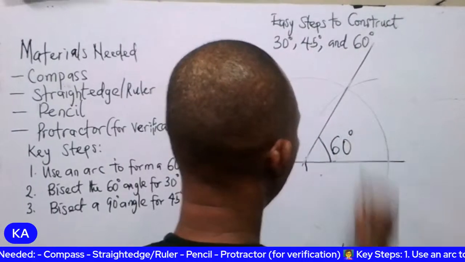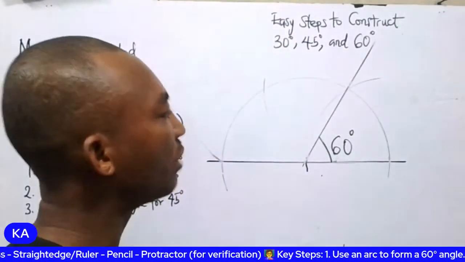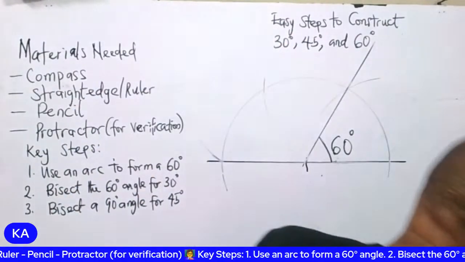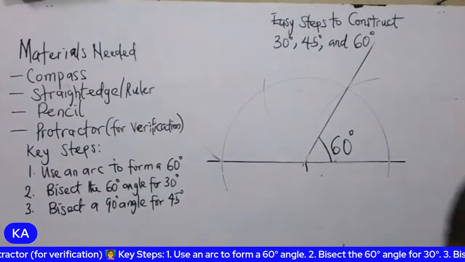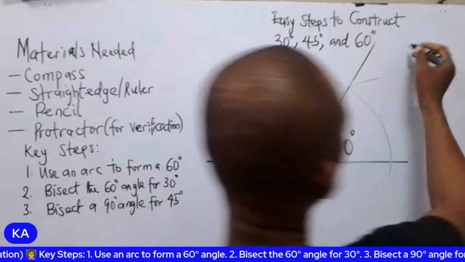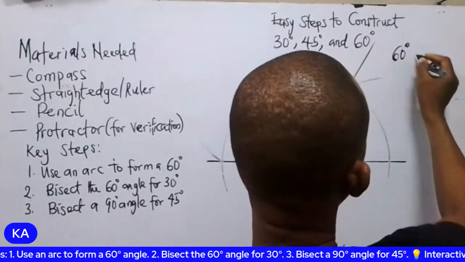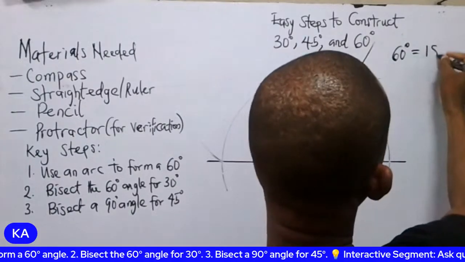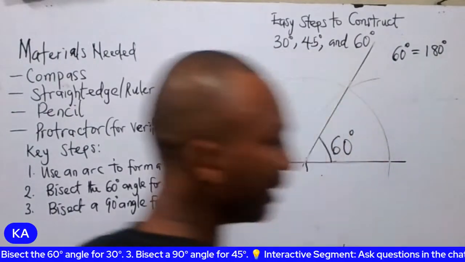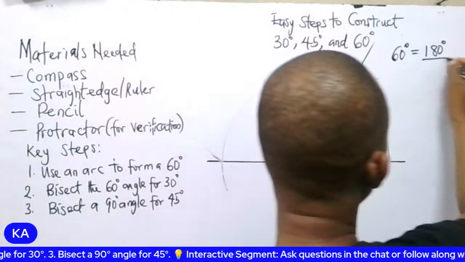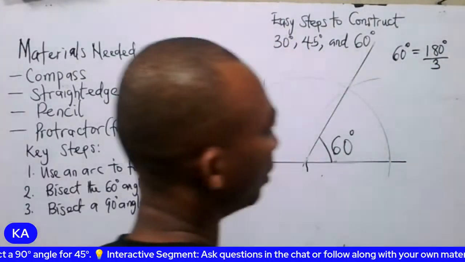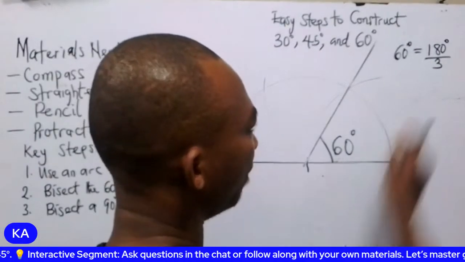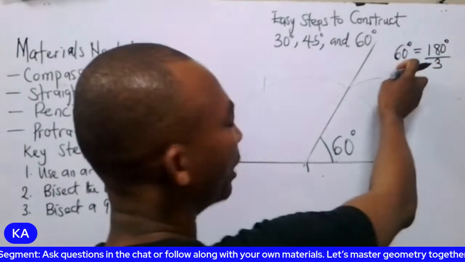So I can now come here and tell you that this is 60 degrees. Because the rule says, to construct 60 degrees, I construct 180 degrees and I divide 180 degrees into 3. When you divide 180 degrees into 3, it's going to give you 60 degrees.